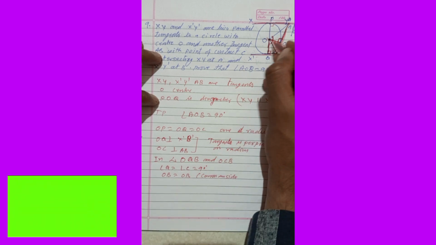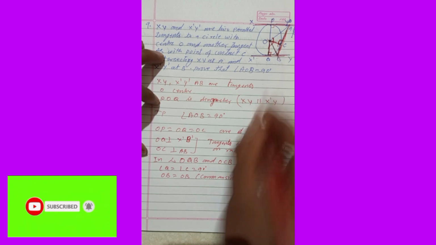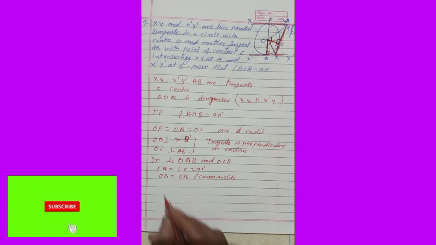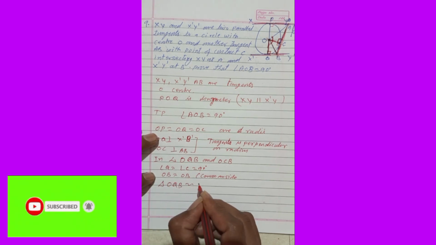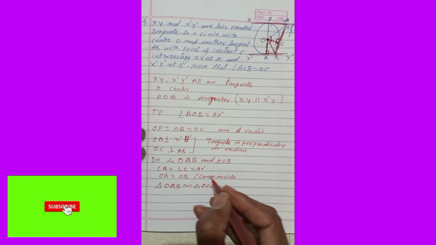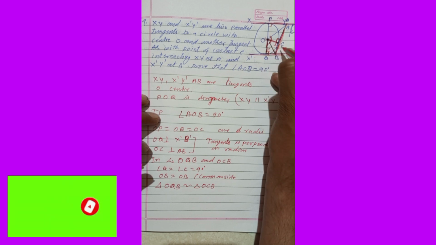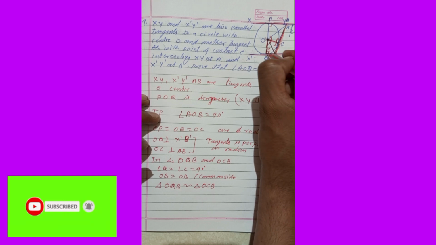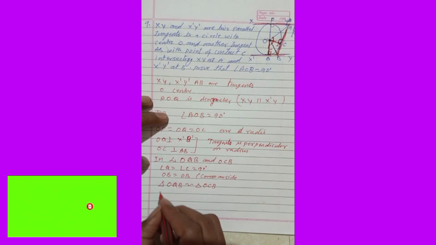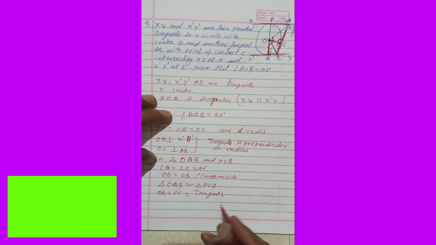So these two triangles will be similar triangles, triangle OQB similar to triangle OCB. The sides of the tangent will also be equal, means we can write OB is equal to OC because tangents from an external point.